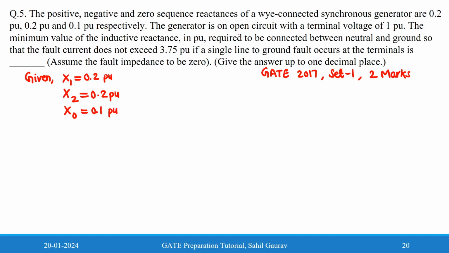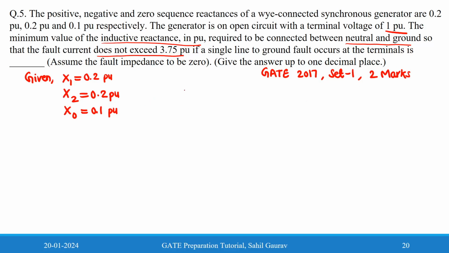And the generator is open circuited with terminal voltage of 1 per unit. The minimum value of the inductive reactance in per unit required to be connected between neutral and ground. You have to find the inductive reactance in per unit that is connected to neutral and ground so that fault current does not exceed 3.75 per unit if a single LG fault occurs at terminal.